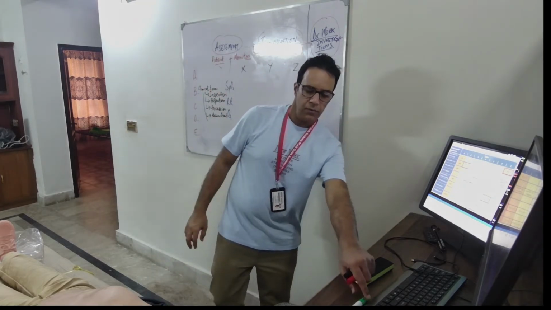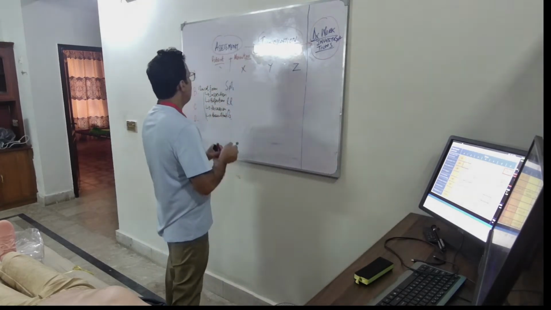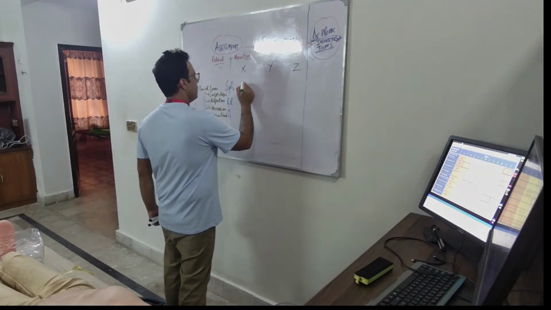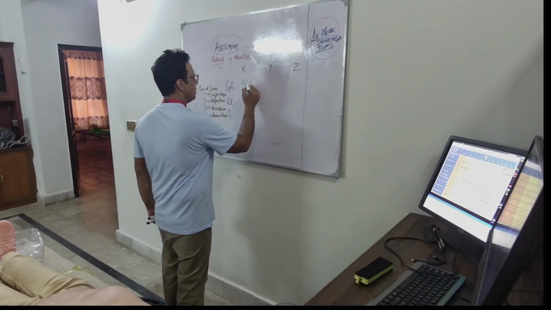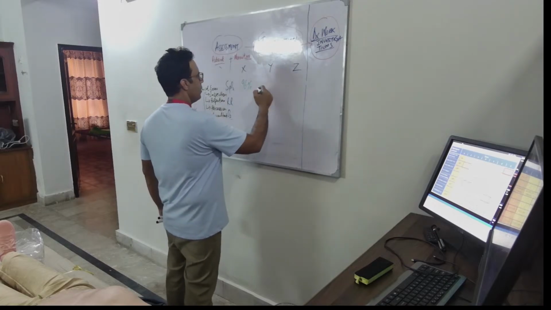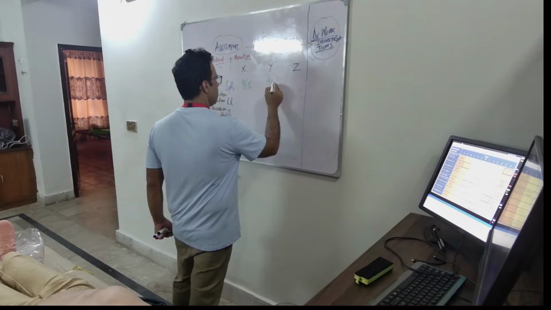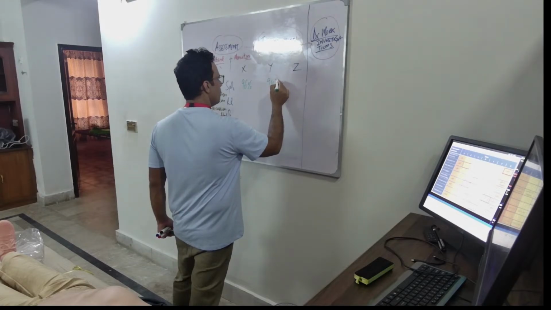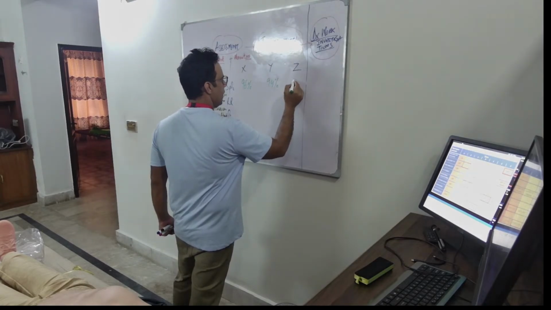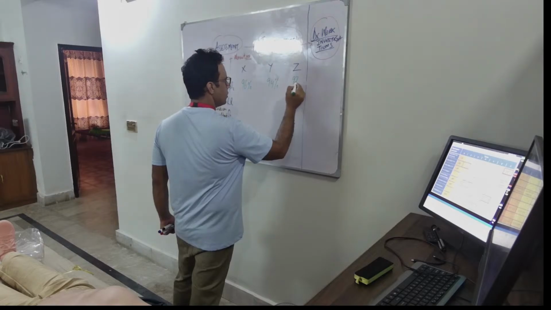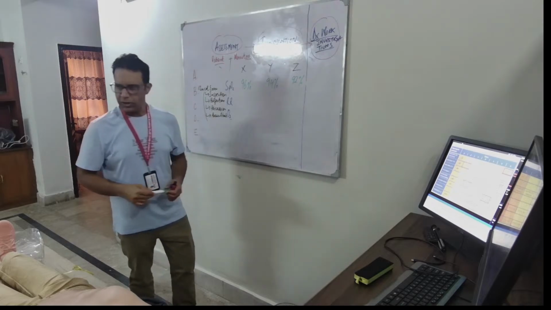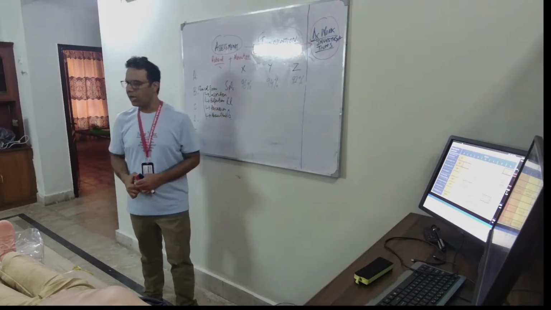Say for example, Mr. X has oxygen of 96% on room air. Mr. Y has 94%. Mr. Z has 92%. Okay. Who do you think is the most unwell patient?